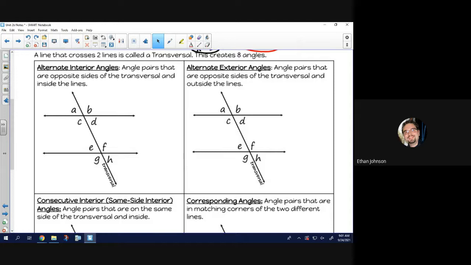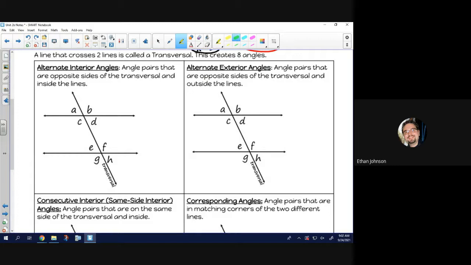Now, a line that cuts across two or more lines is called a transversal. So this diagonal line that you see is a transversal. Now, the relationships that are shown when we have parallel lines or just two lines and a transversal.